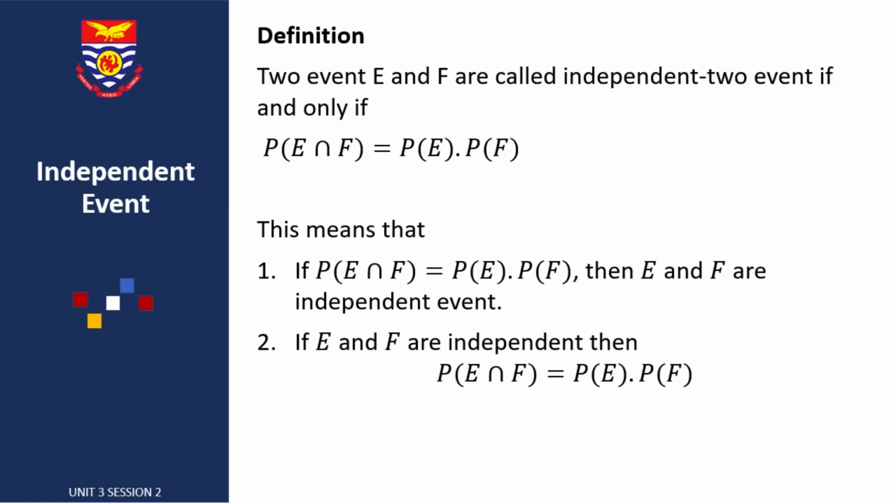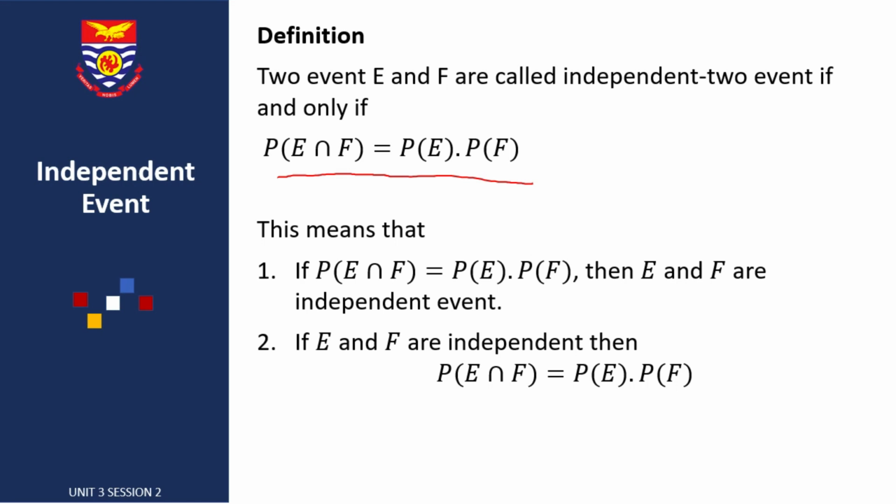Definition. We are still on independent events. Two events, say E and F, are called independent if and only if the probability of E intersection F can be written as the probability of E times the probability of F. What it means is that the two events can occur together without the occurrence of one affecting the occurrence or non-occurrence of the other.